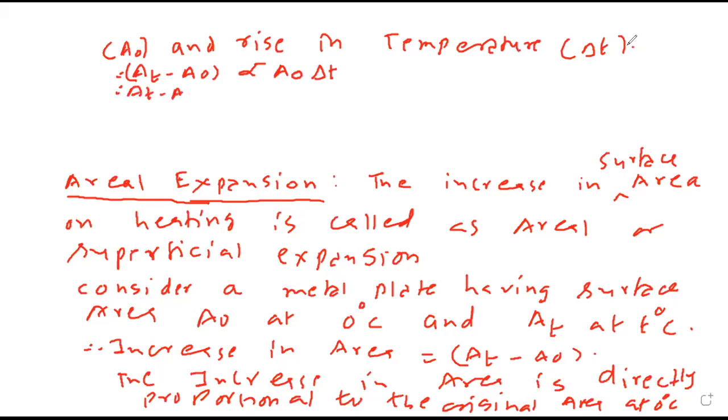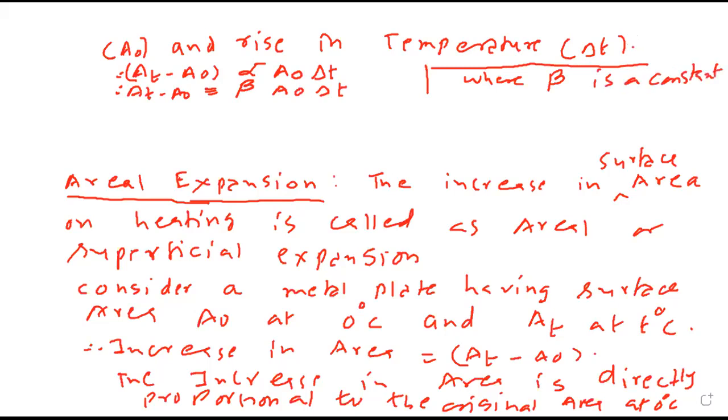Therefore, AT minus A0 is equal to, now this constant we denote by beta, not alpha, A0 delta T. See, this proportional sign is written as equal to beta, where beta is a constant called coefficient of areal expansion.